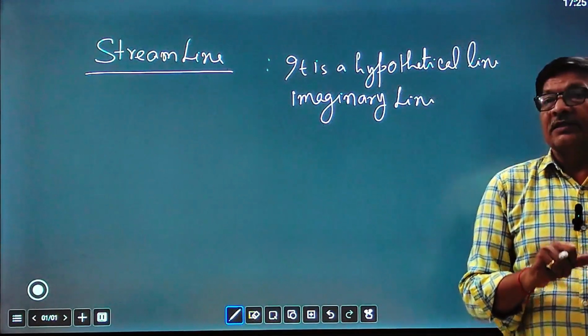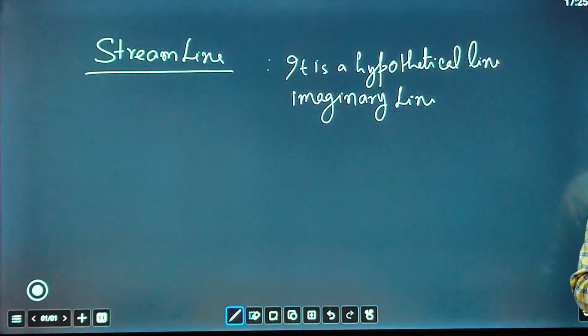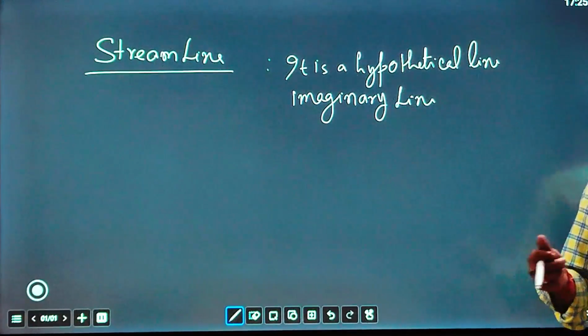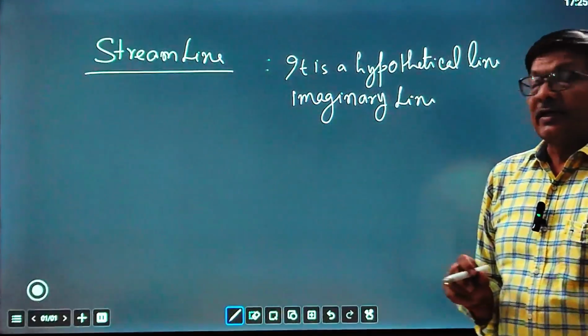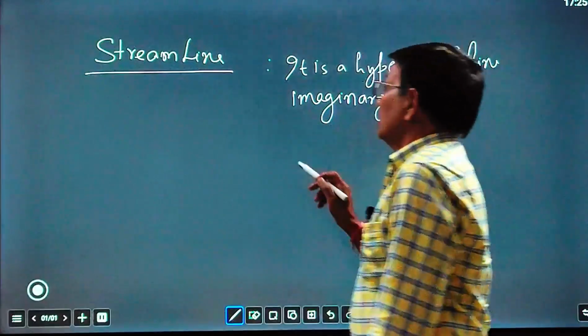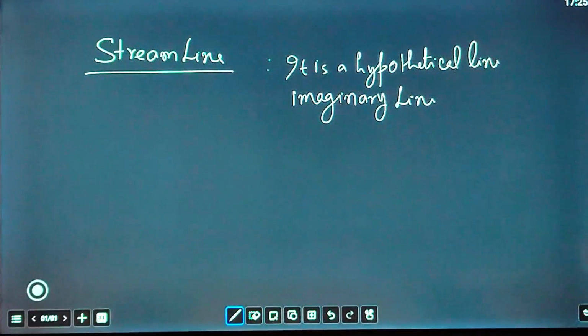The tangent also defines the magnitude and direction of the velocity. That is a streamline, and these streamlines will define a stream tube.